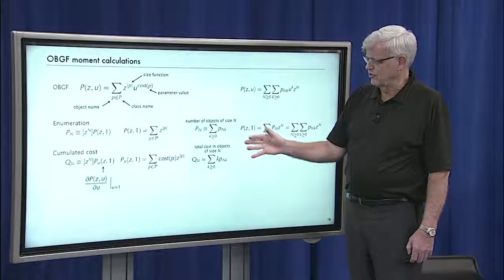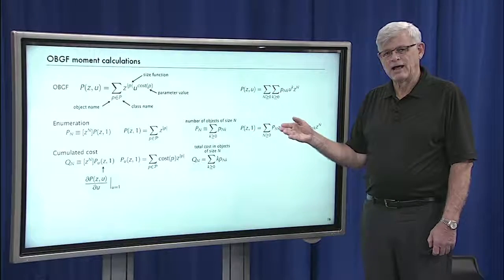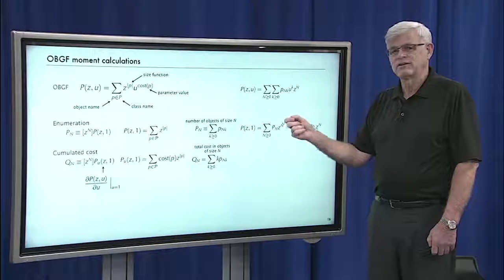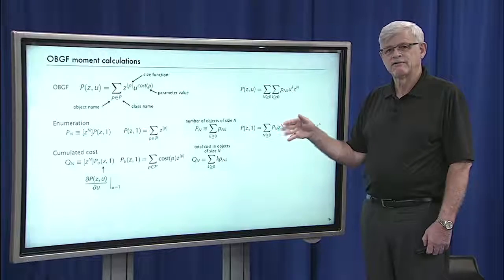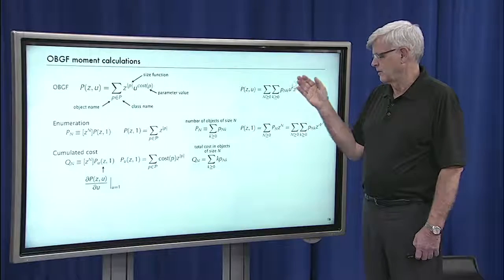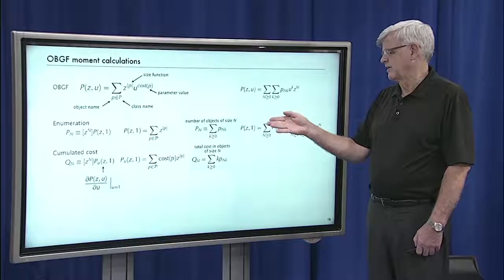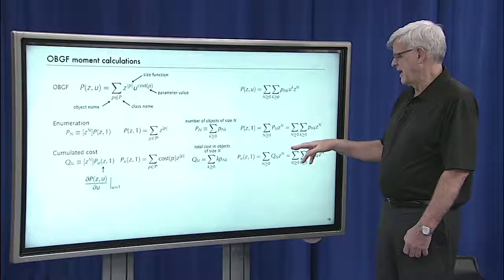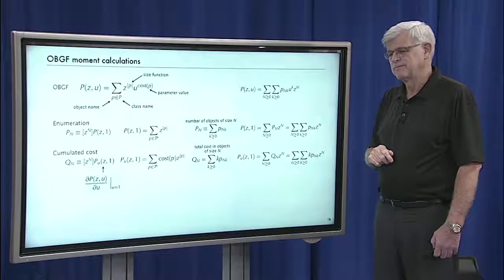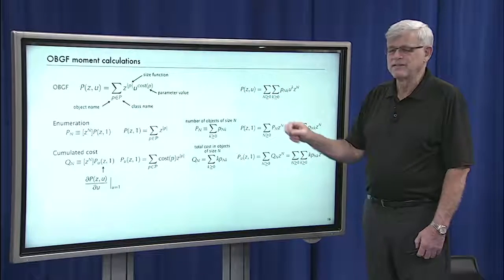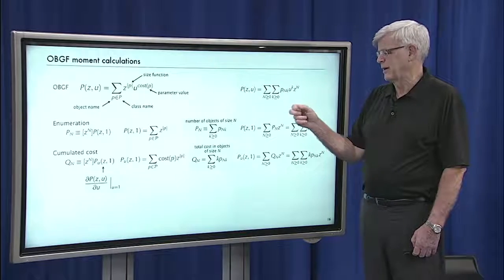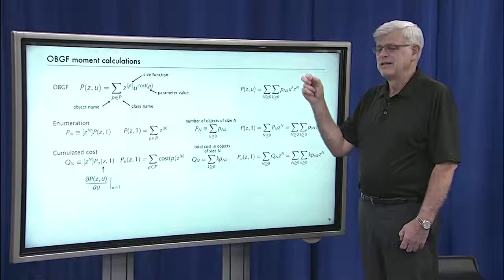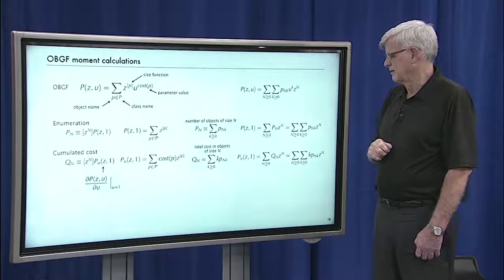Just from the definition, that's the sum on all objects, the cost times z to the size of the object. And again, if you collect all the objects of a given size n, that's exactly the same as q sub n z to the n. So it's the coefficient of z to the n in the partial with respect to u of the OBGF evaluated at u equals 1.